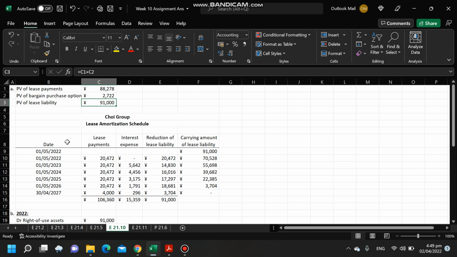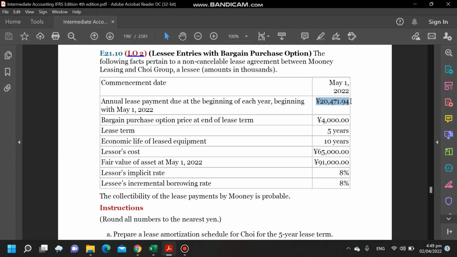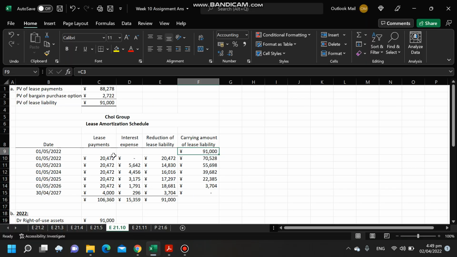We will start with the 1st of May 2022 with the carrying amount of 91,000, and then directly with the lease payment of 20,472, which is rounded from 20,471.94. Directly the reduction is just the amount of the payment, because it is the beginning of the lease.